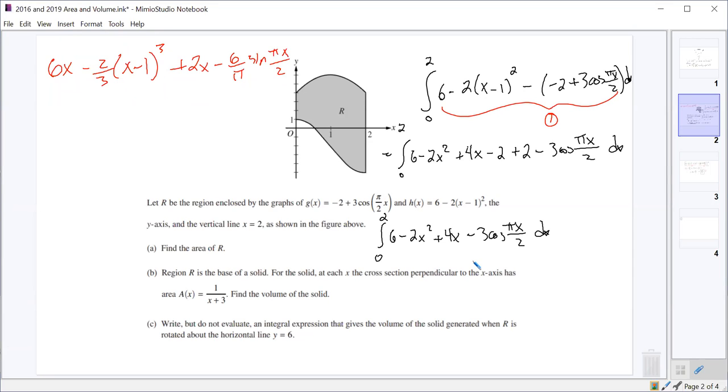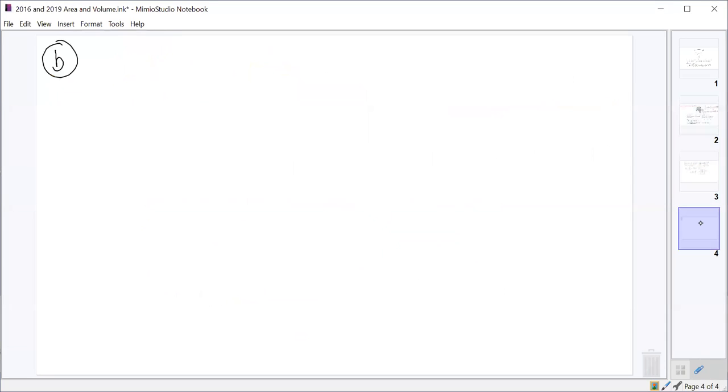And so all we need to do is take our area function and just integrate it. So for part B, we're just going to integrate 0 to 2 of 1 over x plus 3 dx.